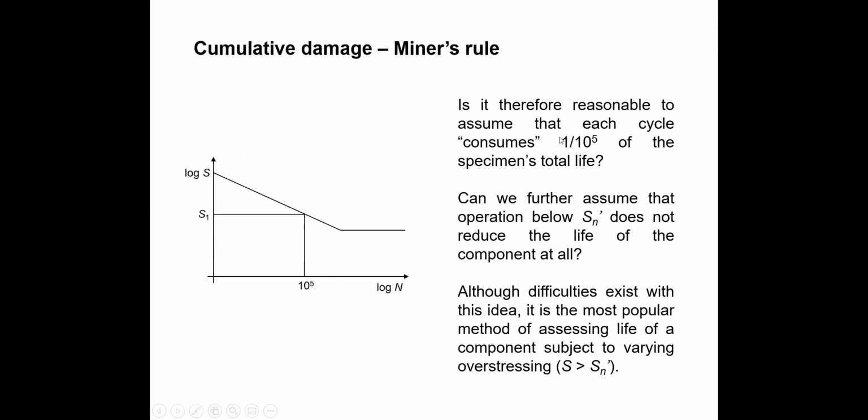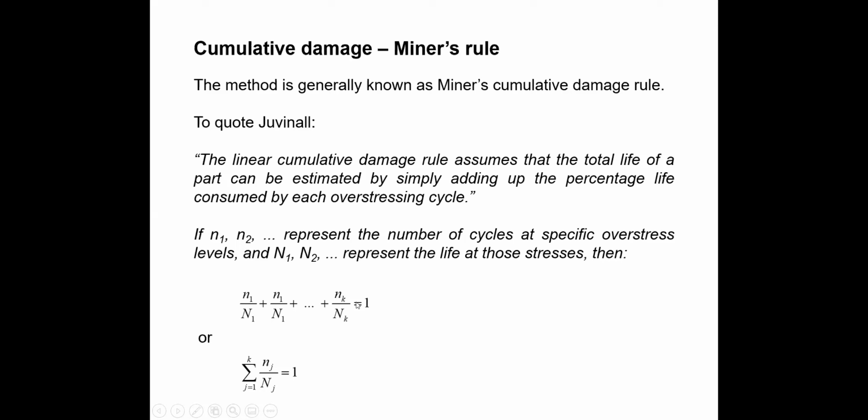If you apply one cycle, this is simple n. This is the total number of cycles you would apply to break with this stress range, so 10 to the power 5 cycles. The summation of these ratios should equal 1 if it breaks.